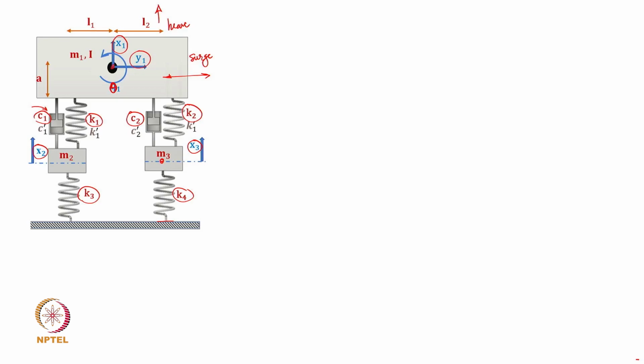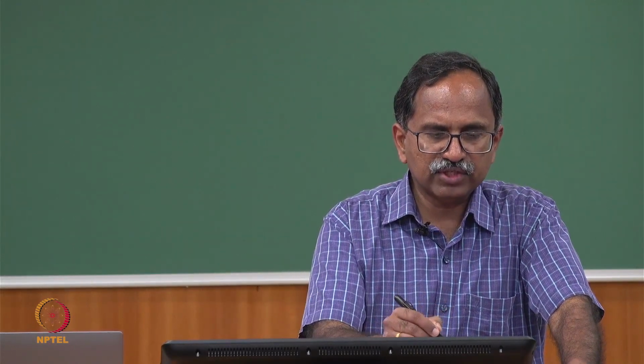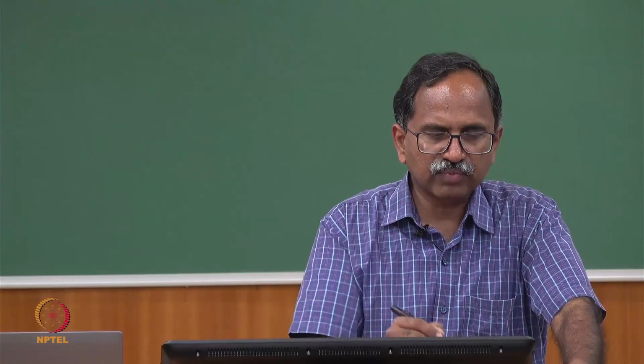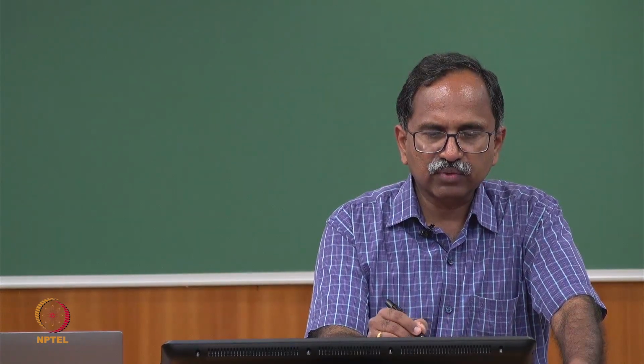Now, for the surge motion to happen, we can consider the lateral stiffness of the suspension, and that is given as, sorry, this has to be K2 dash. So K1 dash and K2 dash are the horizontal or lateral stiffness of the suspension, and the rest of the details are all given: the CG is located at a distance of L1 from the rear part and L2 from the front part.